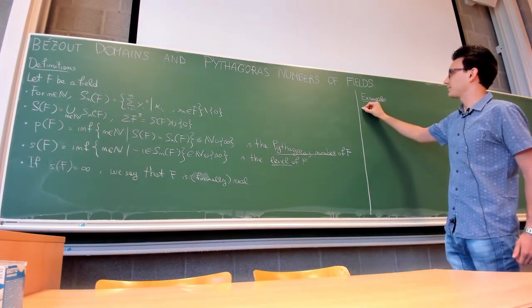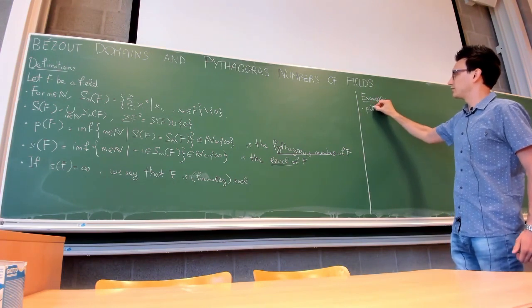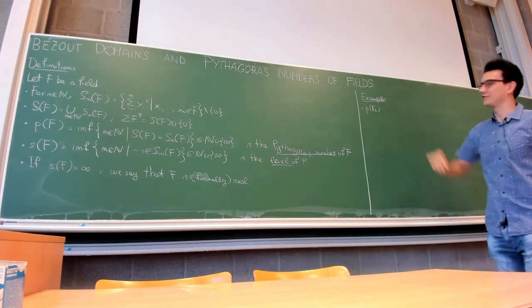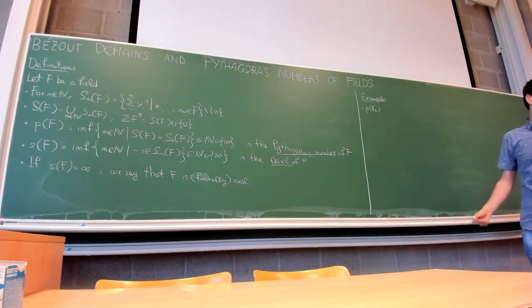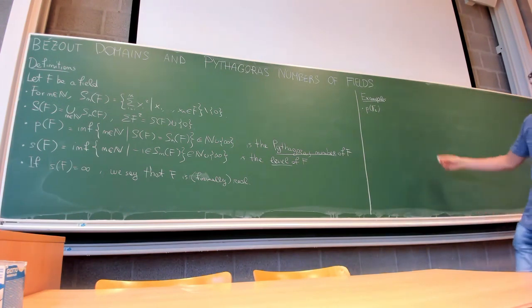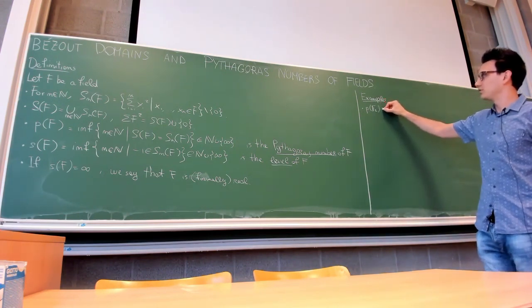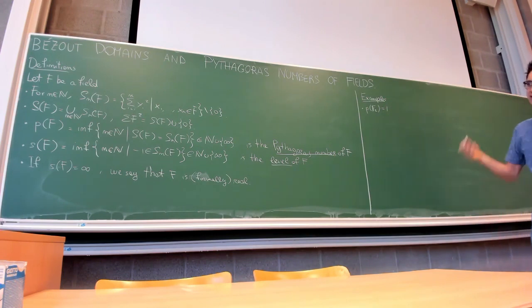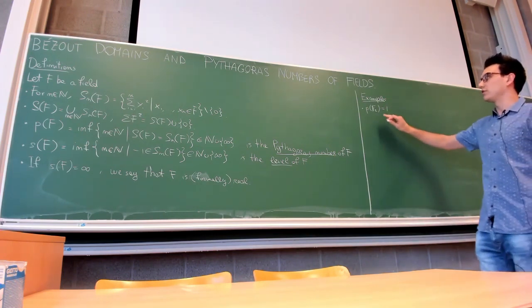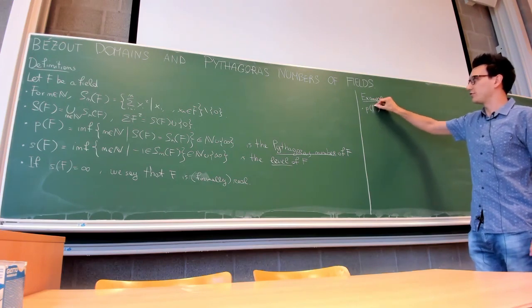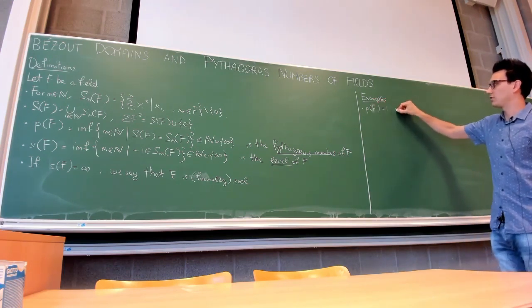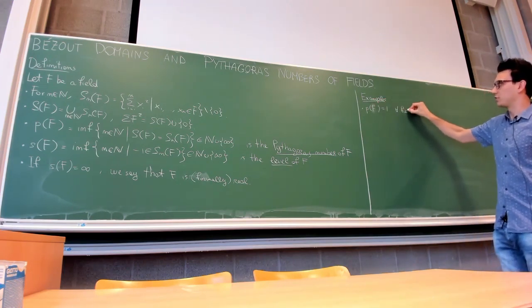So there are only 0 and 1, which are squares. So of course the Pythagoras number of F2 is 1, and the level as well. And actually, this is true for any field f with characteristic 2.